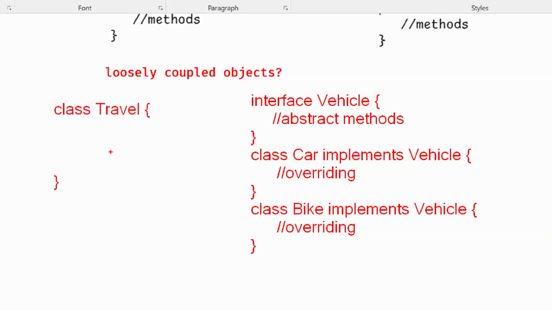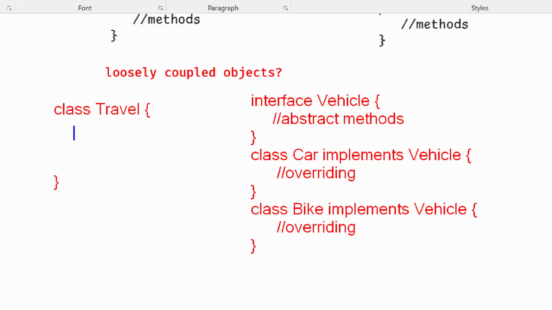I have a question for you. Can we create an interface object? Means vehicle v is equal to new vehicle? No, because vehicle is an interface. For an interface, we cannot create objects.